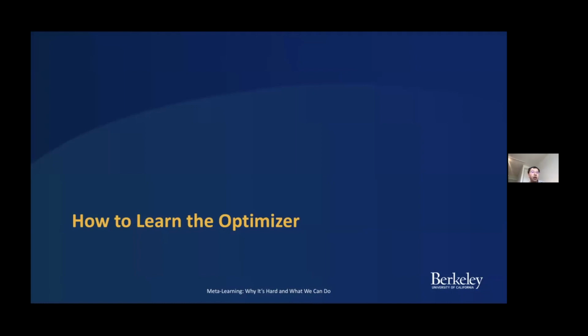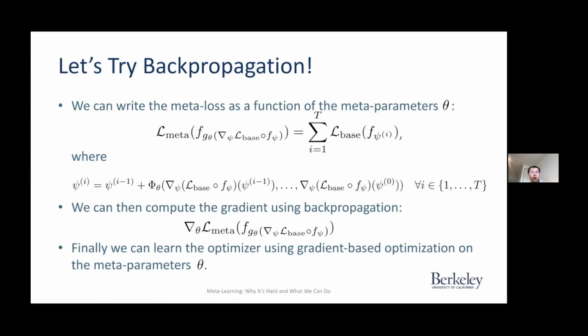Okay. So how do we actually learn the optimizer? The most straightforward way to think about this is as a simple problem. We can just write out what the meta objective is in terms of the meta parameters theta.